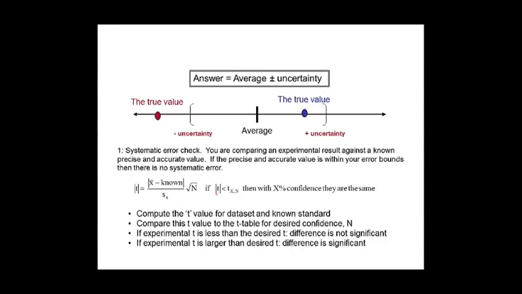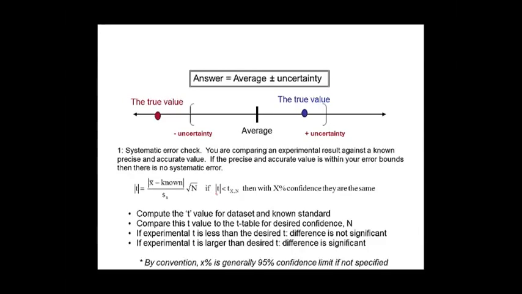You're going to compare that to a t that you pull from the table for a given confidence limit, typically 95% if it's not specified, and however many measurements you made when you measured the standard sample. If the experimental t is less than the t in the table, then you're good to go. You have no systematic error. If it isn't, you conclude that your true value is actually outside the range of your measurements, and that's an expression of some sort of systematic error.